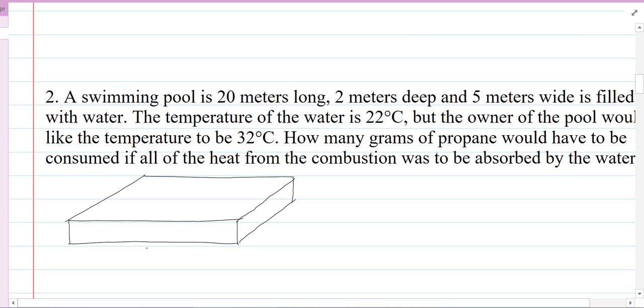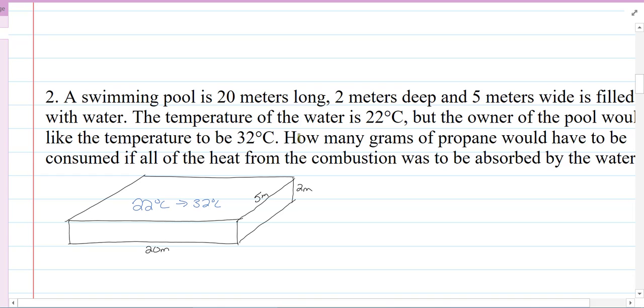So it's 20 meters long, 5 meters wide, and 2 meters deep. Filled with water. The temperature of water is 22 degrees Celsius. But the owner of the pool would like the temperature to be 32, so we want to heat it to 32 degrees Celsius. That's really warm.